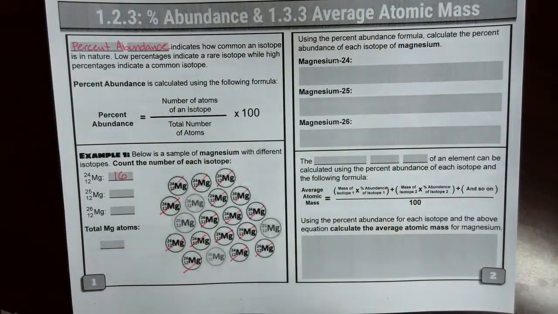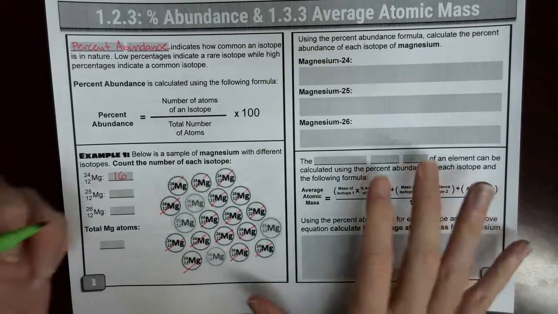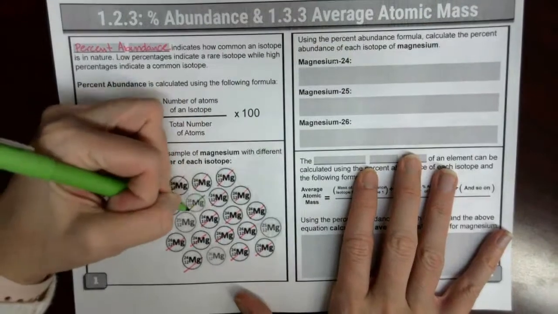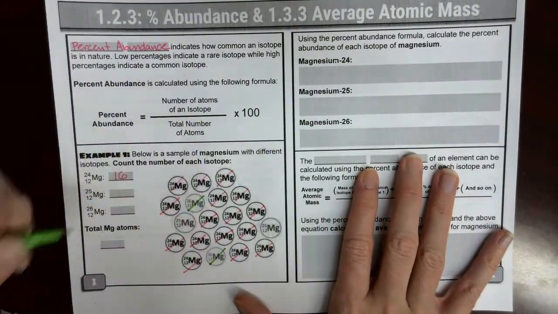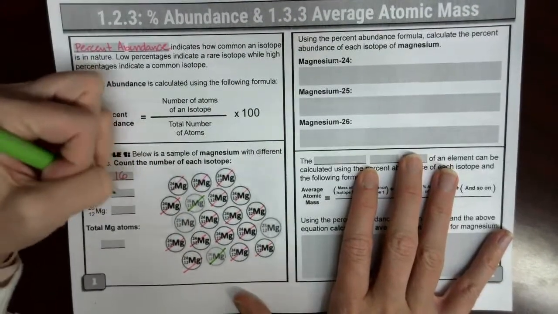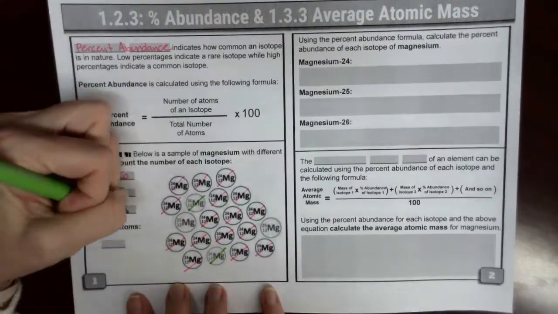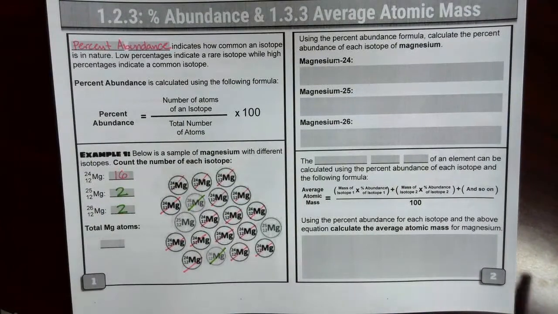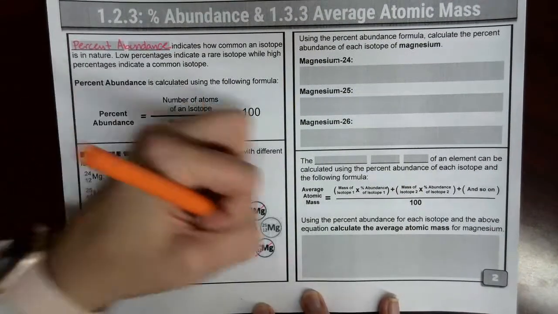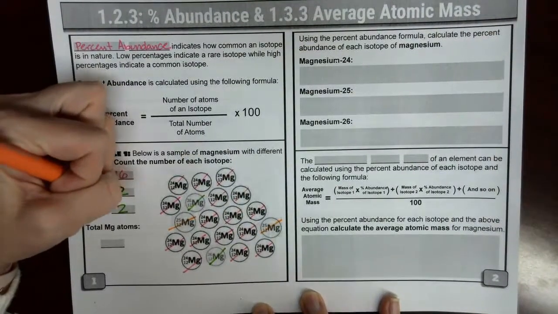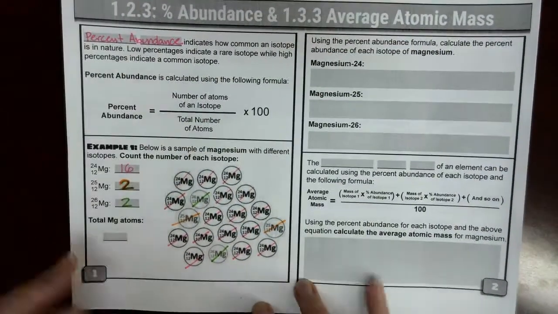Now I'm going to count up and see how many we have of the others. For mass of 26, I can see 2 atoms with a mass of 26. And then if I look at 25, I can see 2, so I have 2 with a mass of 25.